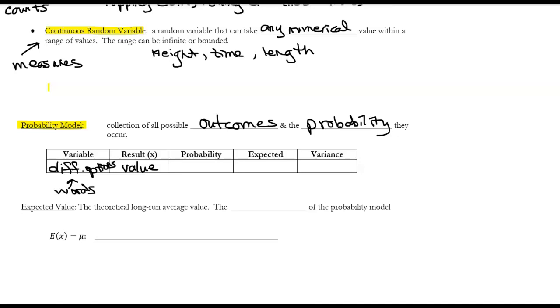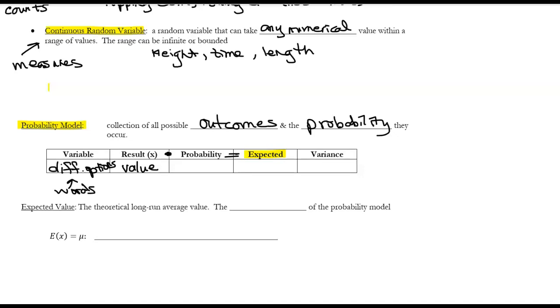The variables would be the different types of shots. And then the probability is the probability each of those events has. The big thing we're going to focus on is the expected value. The way you find the expected is result times probability.